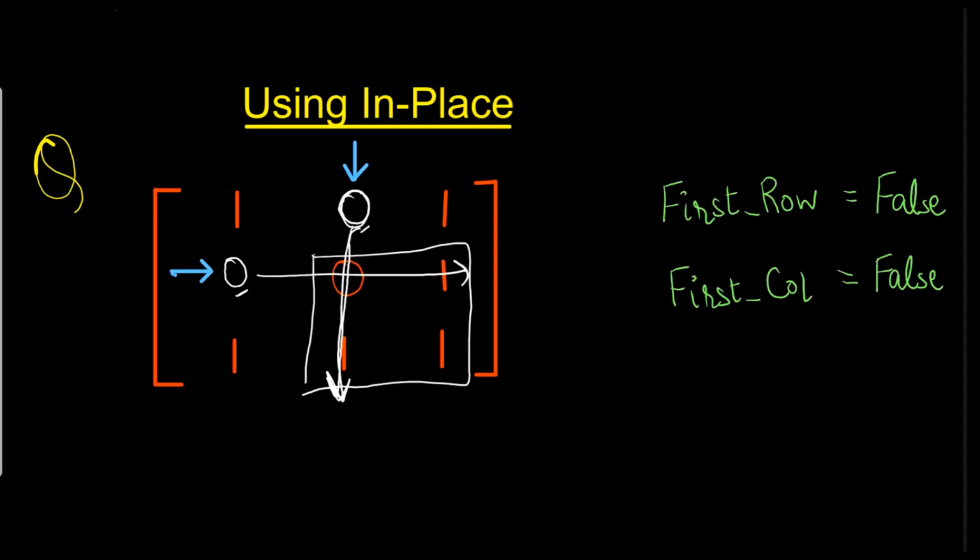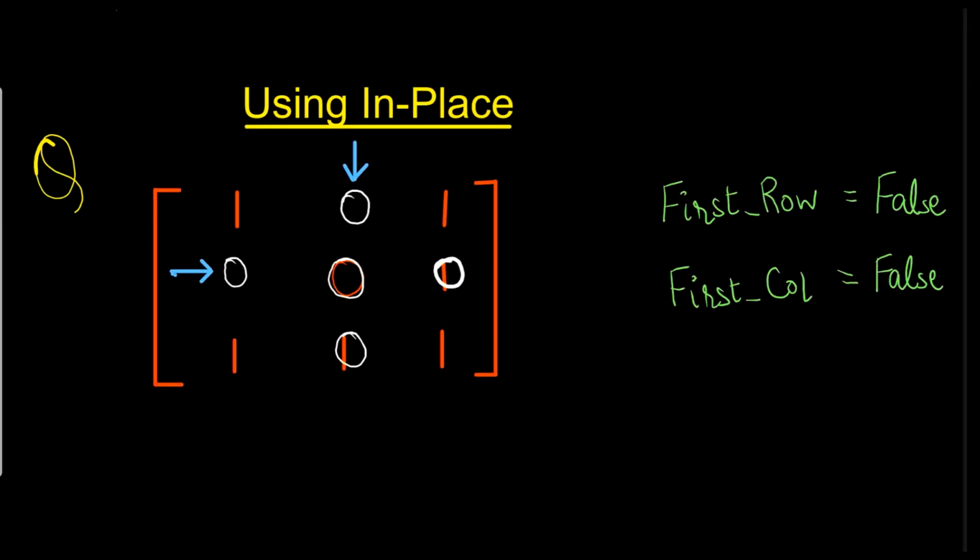As you can see, here we got the first marked zeros. On the basis of these, I will make the respective columns and rows 0, but on the inner ones, right? So I got 0 here like this.